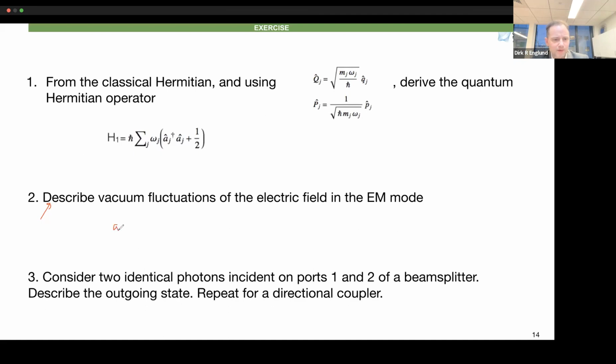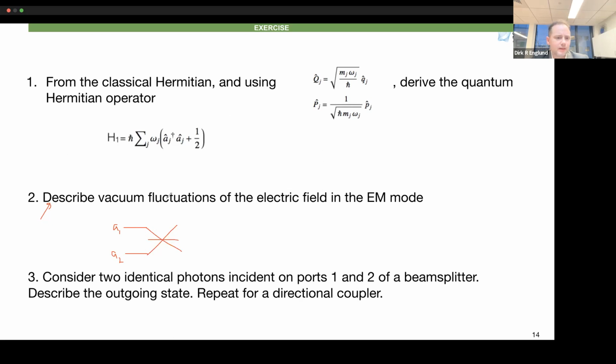What we're saying is there's one field, A1, there's a second field, A2. They're incident on a beam splitter. So we have the 2 fields, A1, A2, incident on a beam splitter.